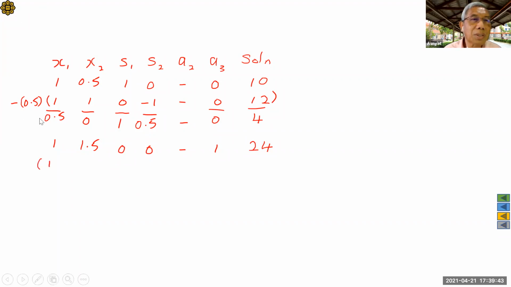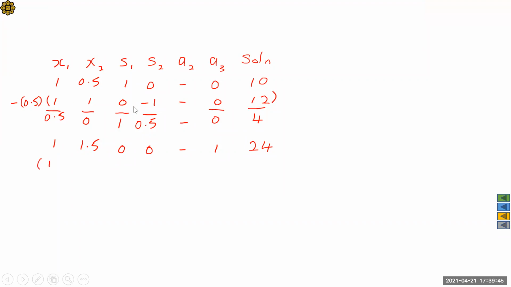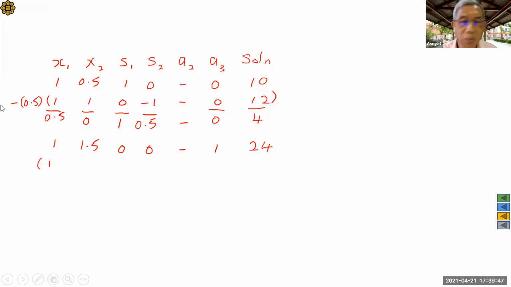Then for the new row coefficient, we have the same one. The new pivot row is the same as this one. I just copy from here instead of going back. 1, 1, 0, negative 1, dash, 0, 12. Then put a bracket, and we are going to subtract the old row coefficient.